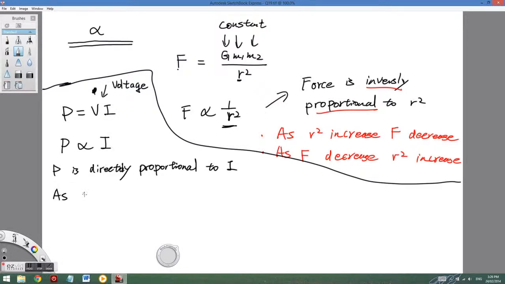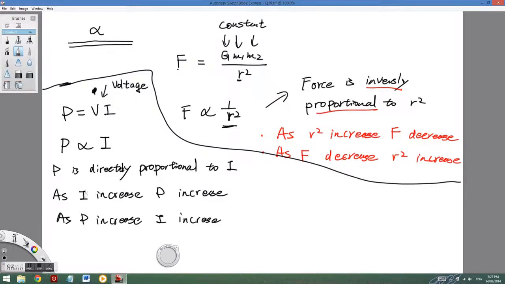It means as current increases, my power must increase. Or as the power increases, the current must increase.